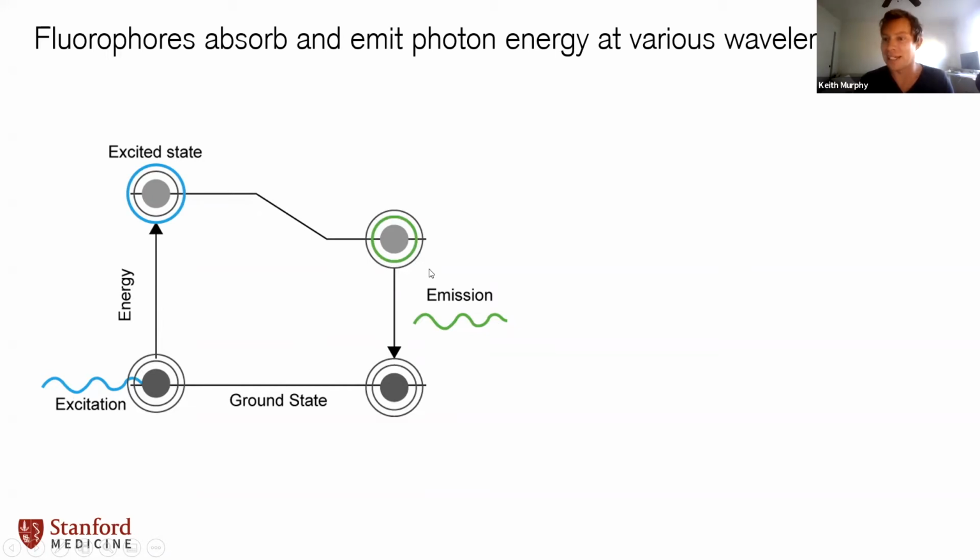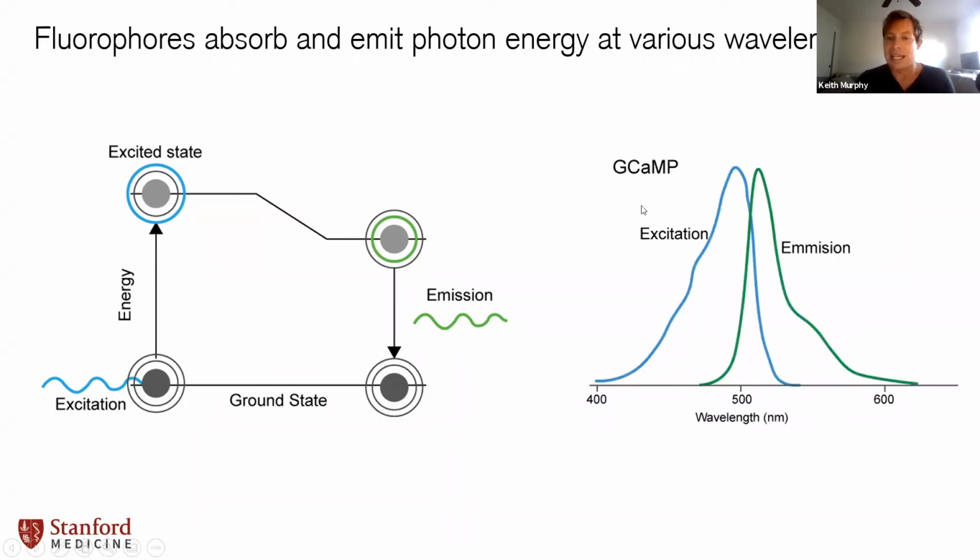Maybe as heat, as thermal energy. But the light is emitted at a lower wavelength, and we can actually measure this emission. So in this case, we know there's some absorption and emission. And with our favorite fluorophore, which is GCaMP, this doesn't really stand for anything explicit, so we'll just call it GCaMP.